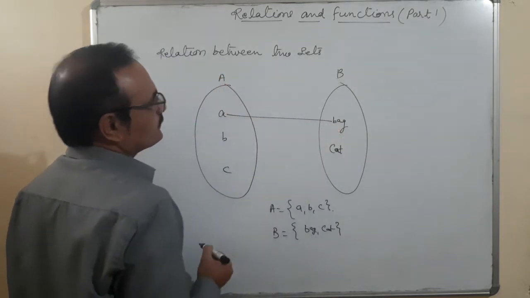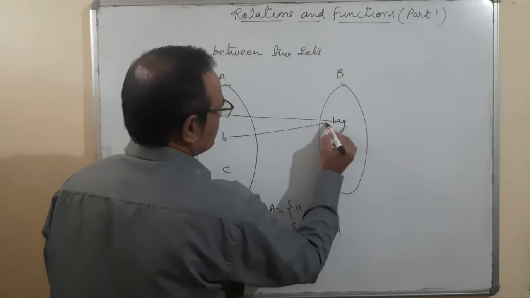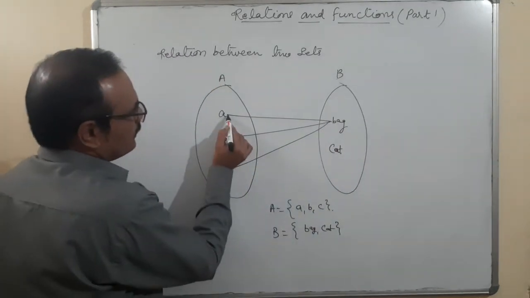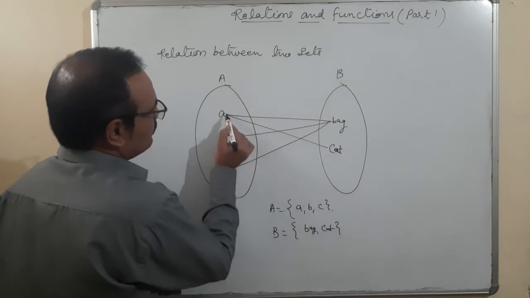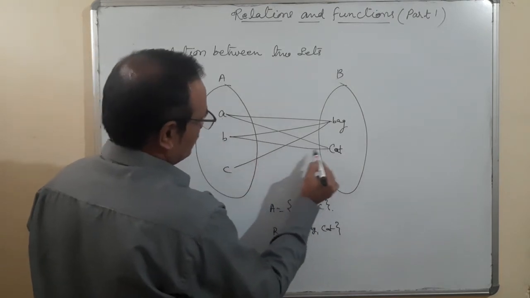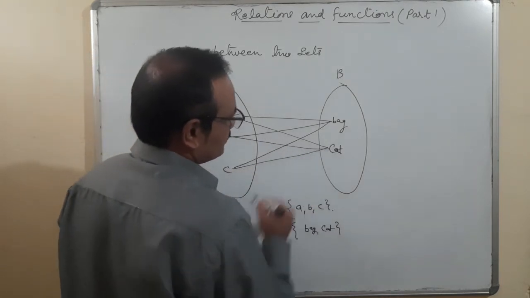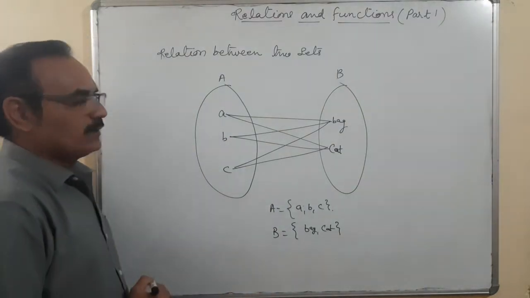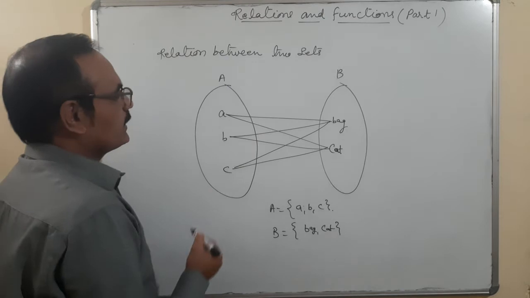A with bag, B with bag, C with bag. A with cat, B with cat, and C with cat. Isn't it? So this is called a relation.